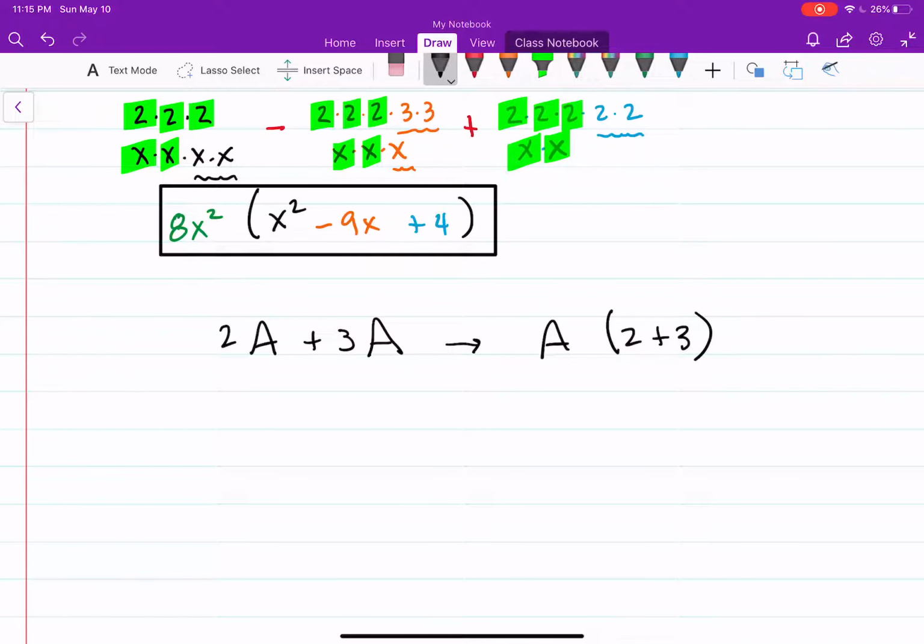Agreed? Okay, if I said 2 times person plus 3 times person, you'll tell me that the person is in common, and you're left with 2 plus 3.